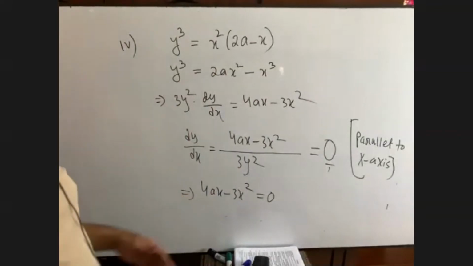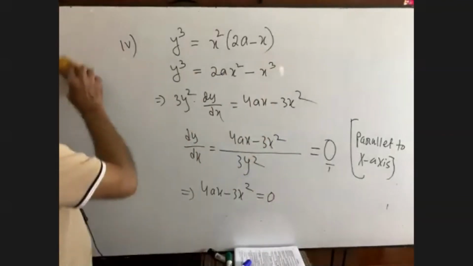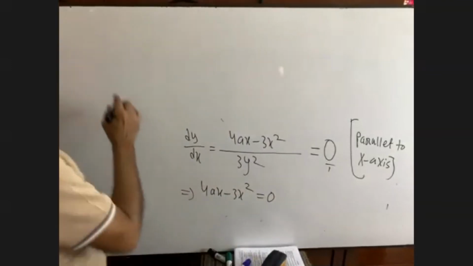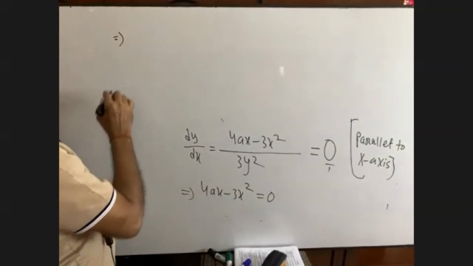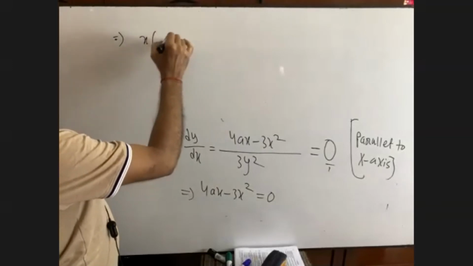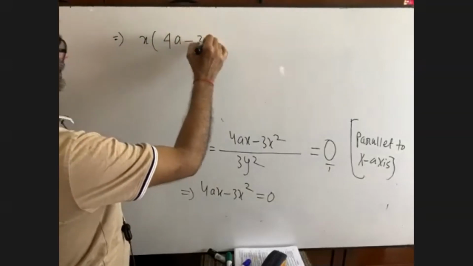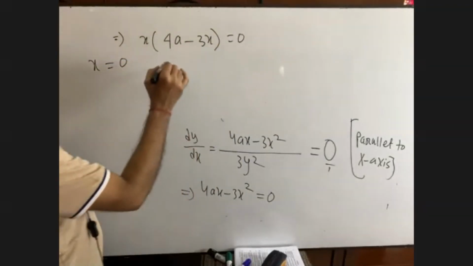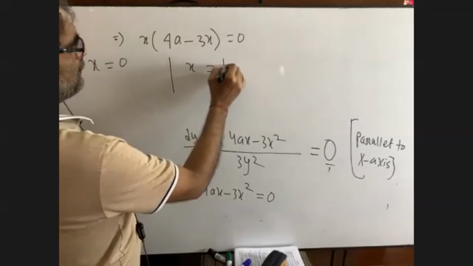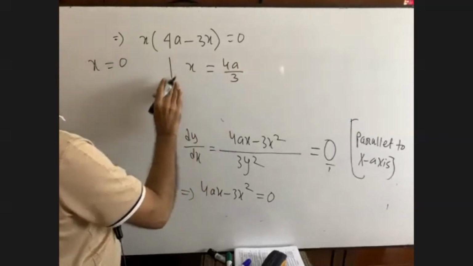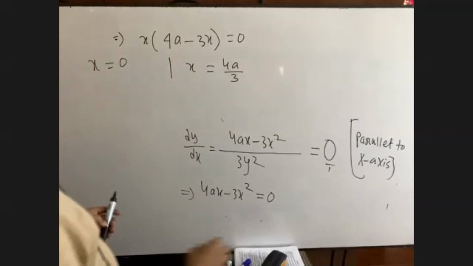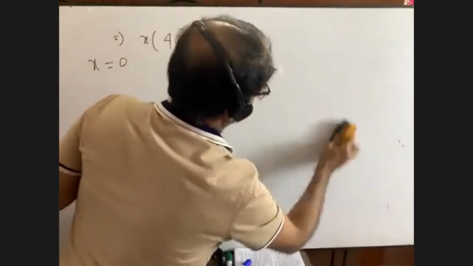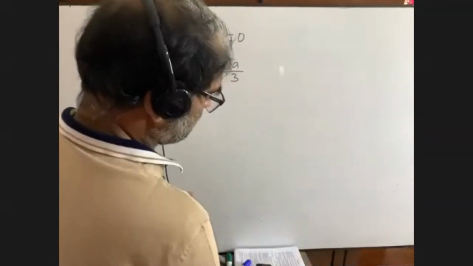Okay. Now from this equation, you find out the value of x. We are getting x into 4a minus 3x equals to 0. That is x equals to 0 or x equals to 4a by 3, right? But you have to find the point of intersection where y is related.